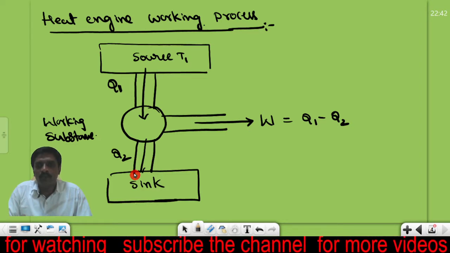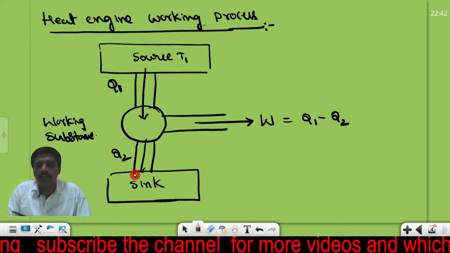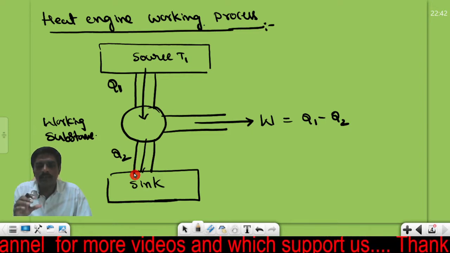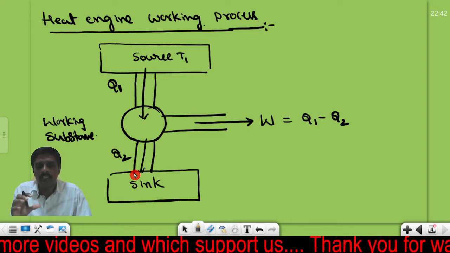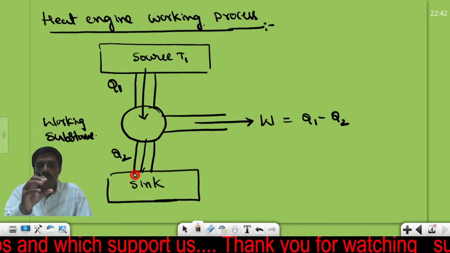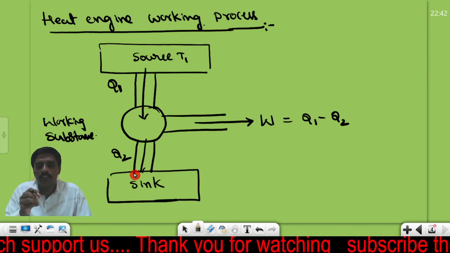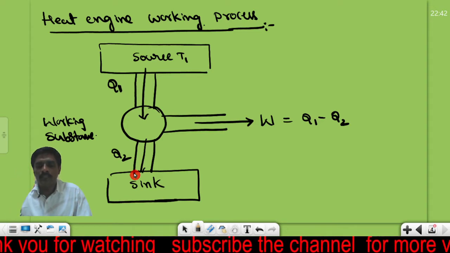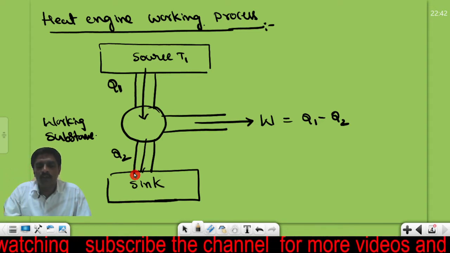It is a cyclic process because in every cycle the working substance starts from the initial condition. It contacts the source and absorbs some amount of heat energy. Due to the absorption, it expands, and due to the expansion some of the heat energy is lost as work.